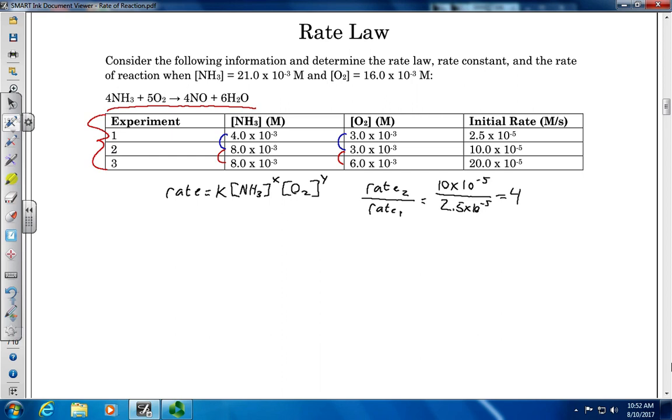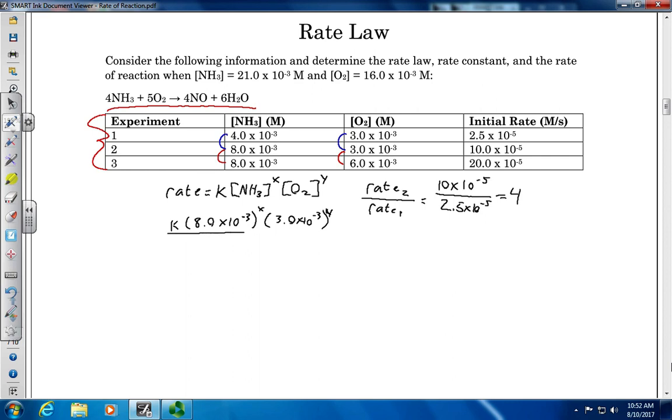Experiment 2, we would have k times 8.0 times 10 to the minus 3 to some power x, times 3.0 times 10 to the minus 3 to the y power.